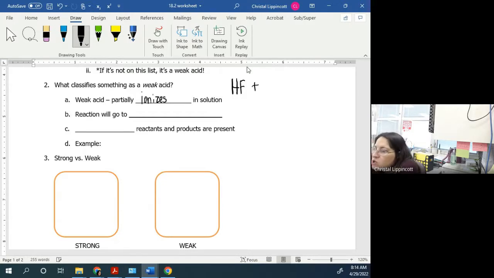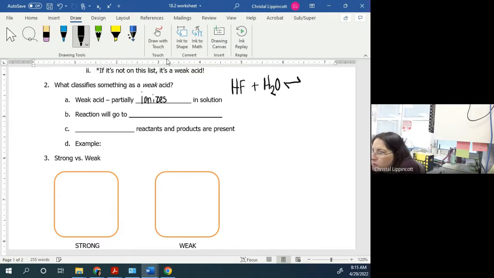So how does that look in equation form? You can quickly identify a weak acid in equation form because you will end up with an arrow that looks like this. Typically the arrow is drawn with two full half-arrows, but when we handwrite it, we do this one just because it's faster.